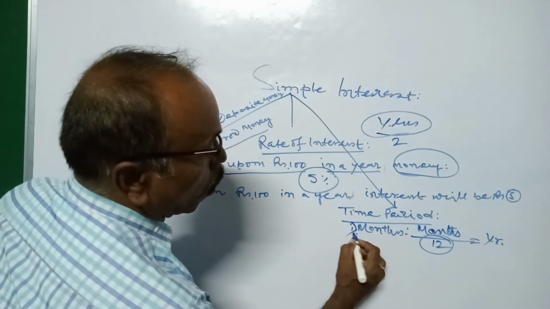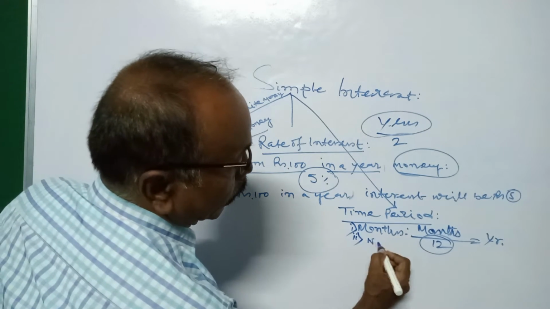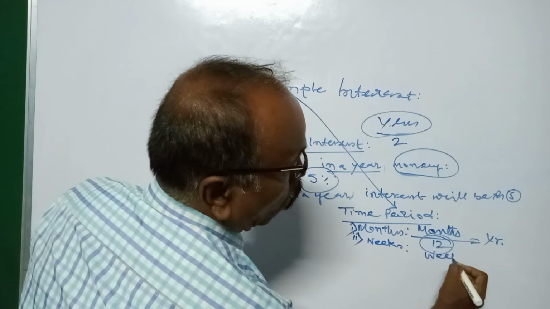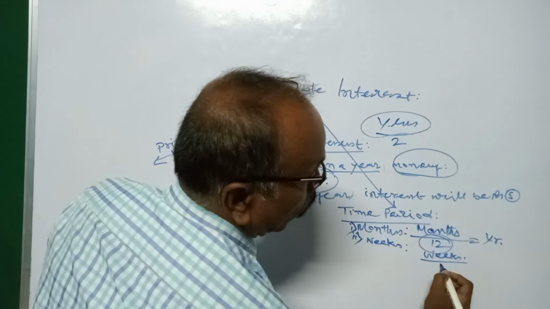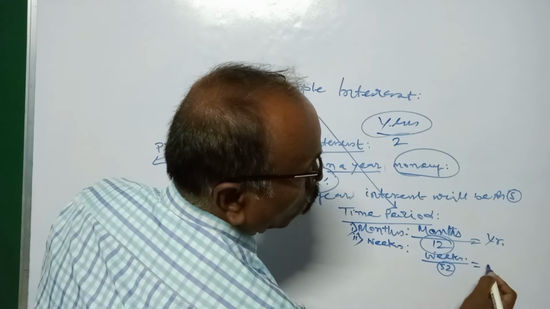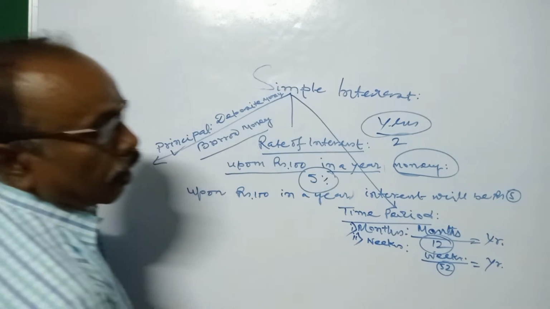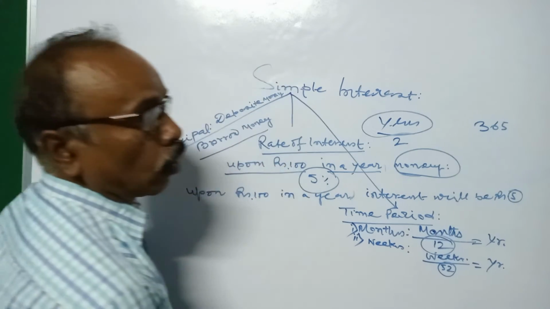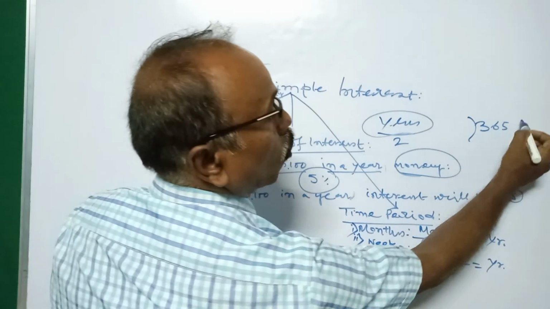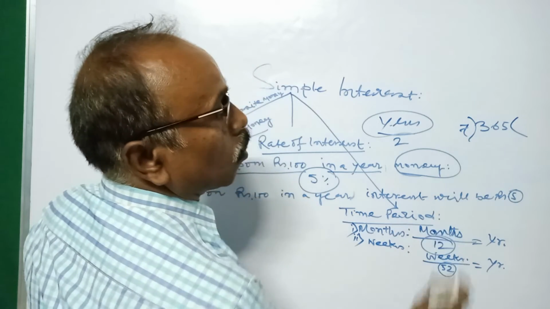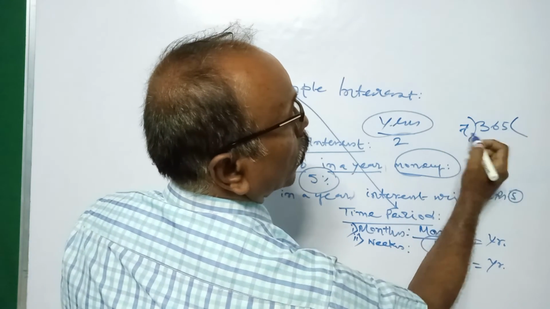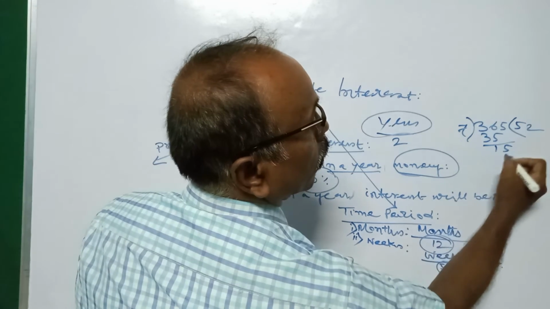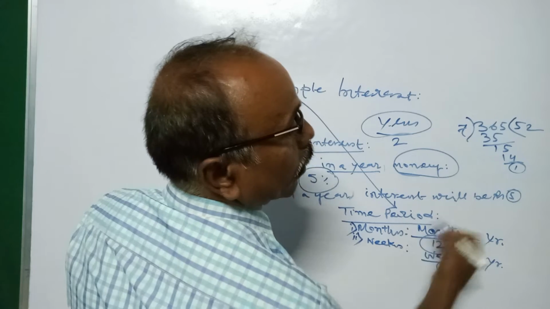Similarly, when it is deposited in weeks, we divide by 52 to convert into years, because there are 365 days in a year and 7 days in 1 week, so we divide 365 by 7. 7 5s are 35, 15, 7 2s are 14, 1 is the remainder.